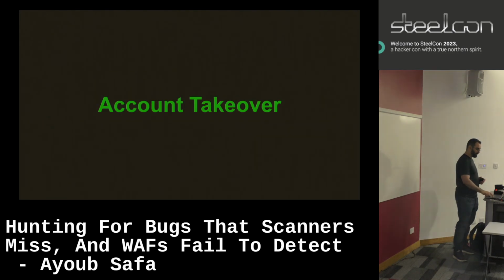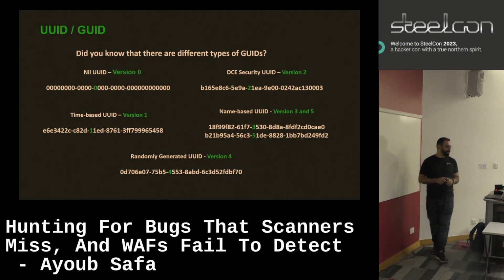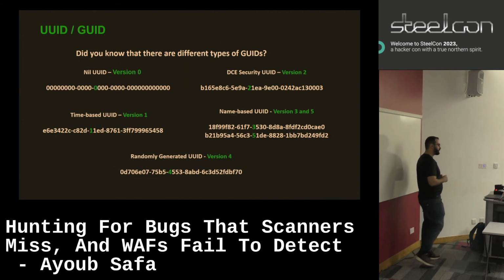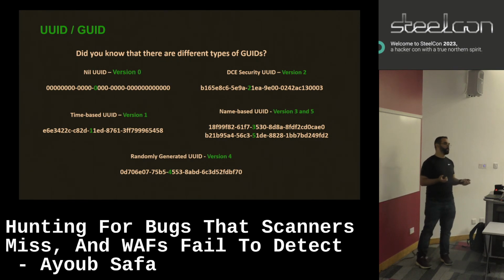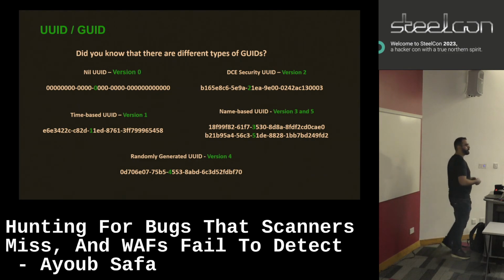I think only version 1, and I believe version 2 has some way to brute force it, but for versions 3 and 5, I think it's not that easy to brute force. Version 1 is quite simple if you analyze the algorithm used to generate the value: just a timestamp and a MAC address, which are known values.